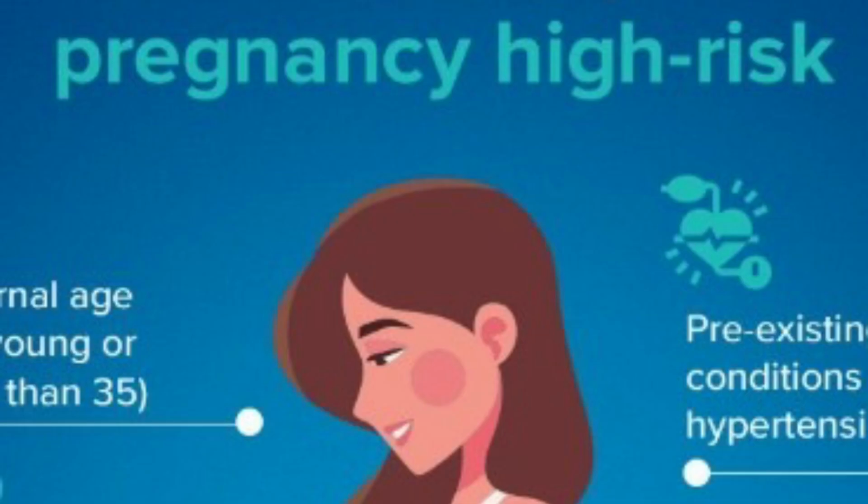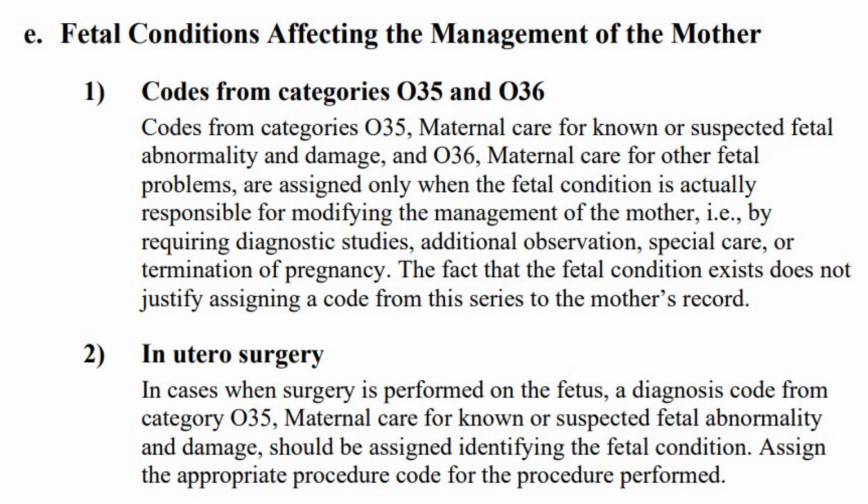From the day the fetus was diagnosed with some abnormality or damage, or suspected, the care for the pregnant woman should be very much modified. That is why, to denote that this patient is undergoing maternal care for known or suspected fetal abnormality and damage, or for other problems associated with that fetus, we will be assigning codes O35 and O36.